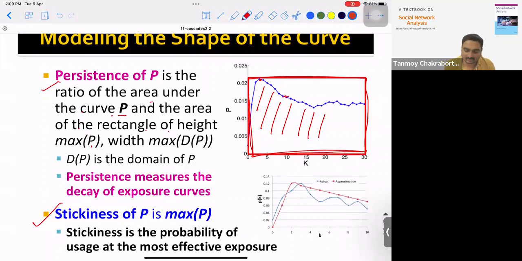In the numerator is the area under this curve, and the denominator is the area of this rectangle. Now think about it. The higher this ratio, the higher the chance that the curve looks like this.